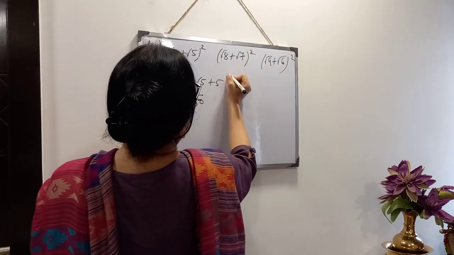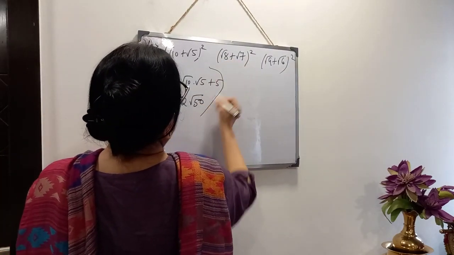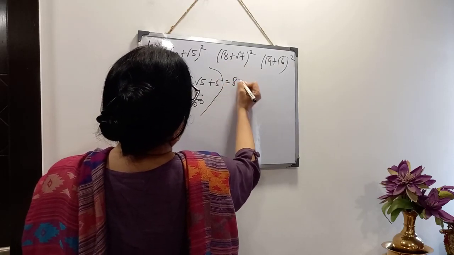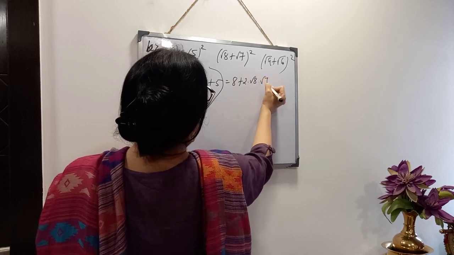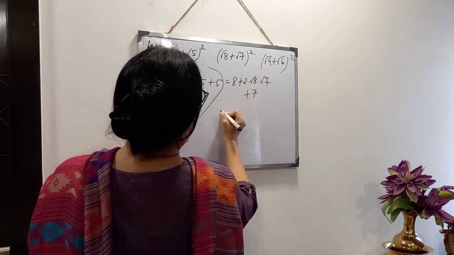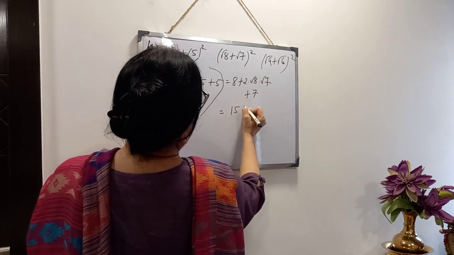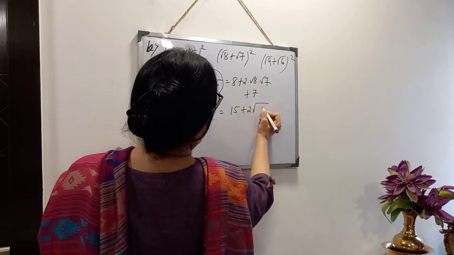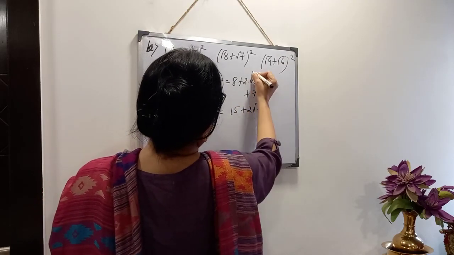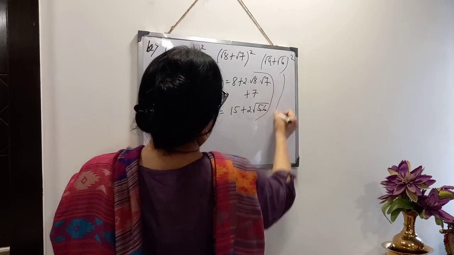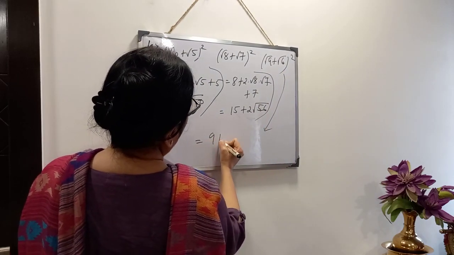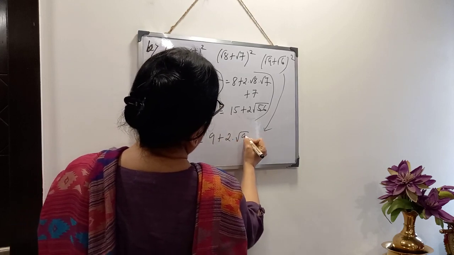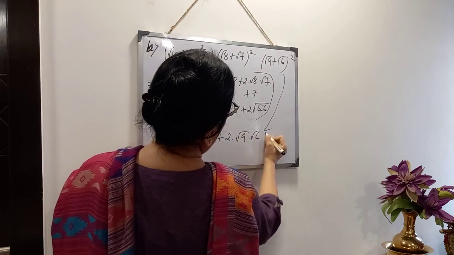If we square this, again we get a square plus 2ab plus b square. It is coming 15 plus 2 root over 56. Here, if we square, it will come a square plus 2ab plus b square.